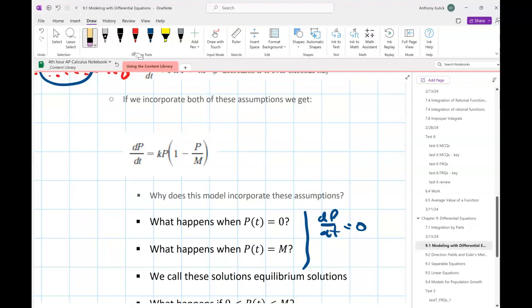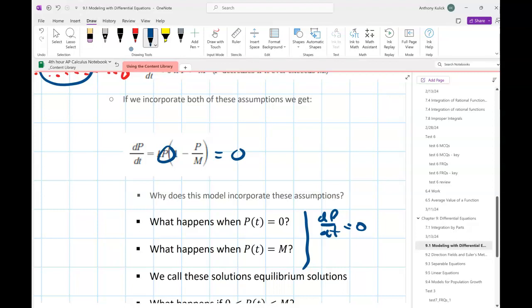Yes. How come P equals 0 is an equilibrium? I don't understand what you're asking. How are these two equilibrium solutions? Because if P is 0, the rate of change becomes 0, right?